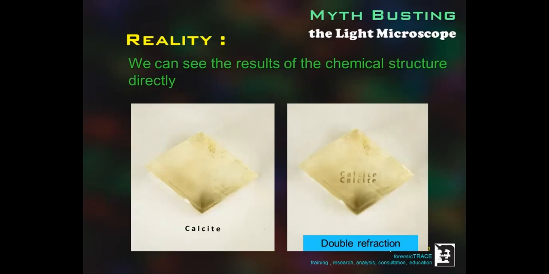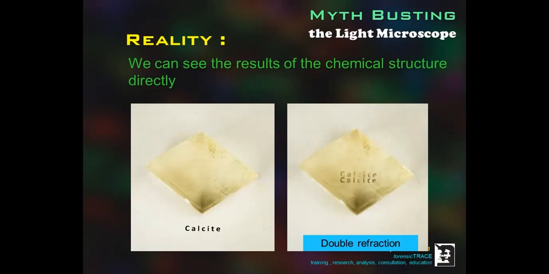What we see here is the result of double refraction, or the breaking up of light into two separate rays vibrating perpendicular to each other and each carrying information. By using a special filter called a polarizer, we can allow only one of the two images of the word calcite to be seen from the calcite crystal.